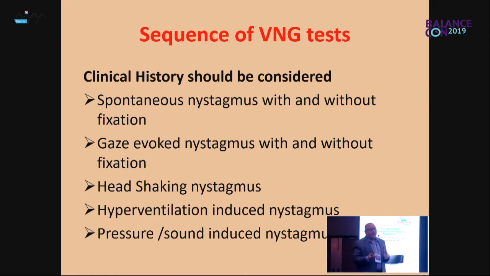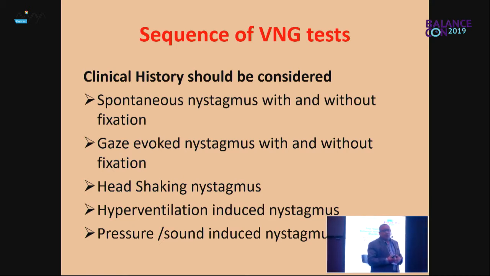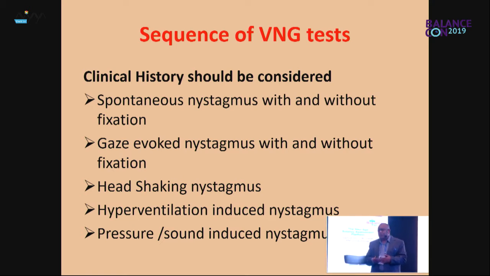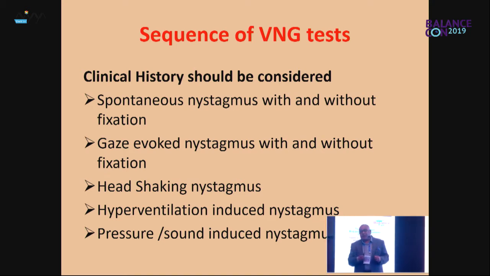If I have a history very suggestive of benign paroxysmal positional vertigo, most of the time I go directly to it. I ask which side you feel the symptoms more. If you tell me the right side, I usually test the symptomatic side first. So always try to go to the point.